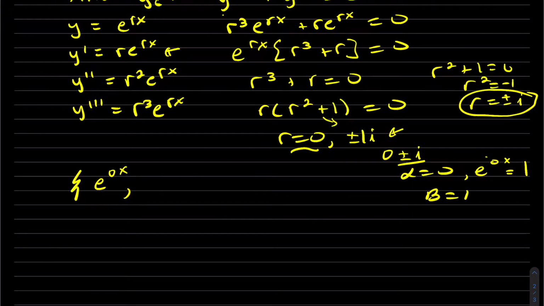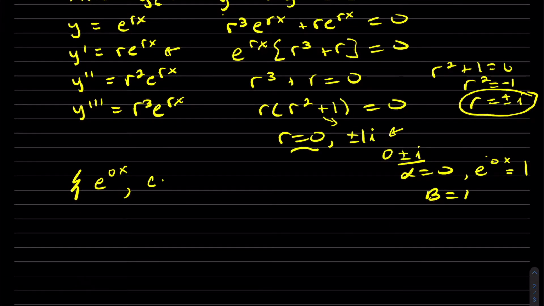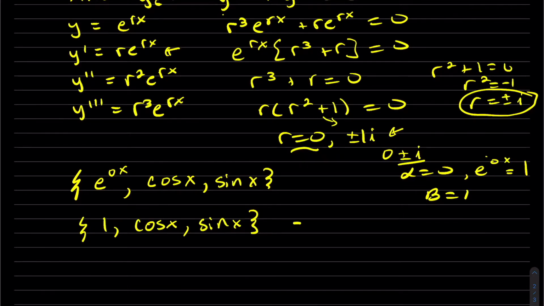So it's basically cosine of beta x, which is 1x, and sine of x. So basically it's 1, cosine of x, sine of x. This is my fundamental set, my 3 independent solutions for my homogeneous.